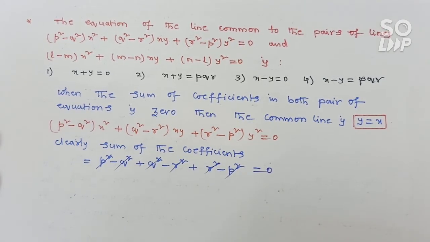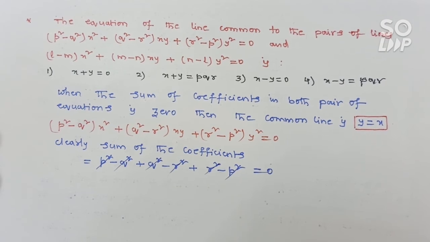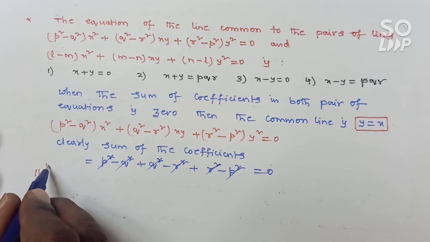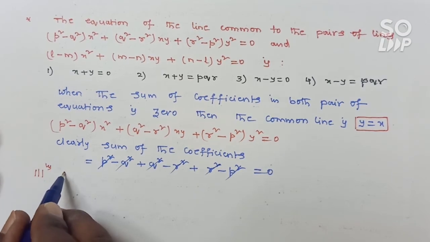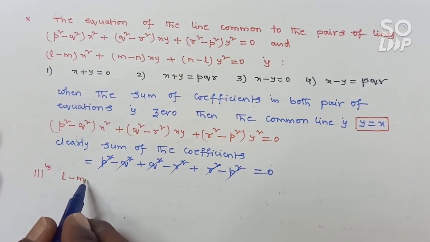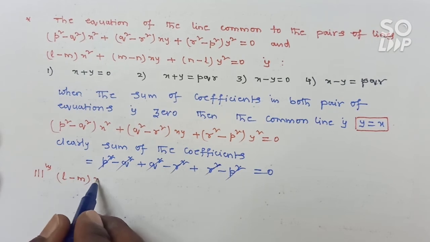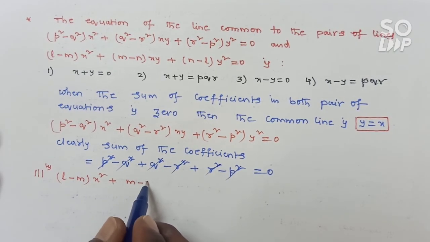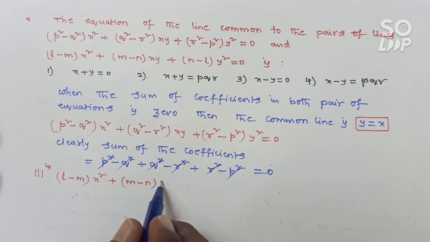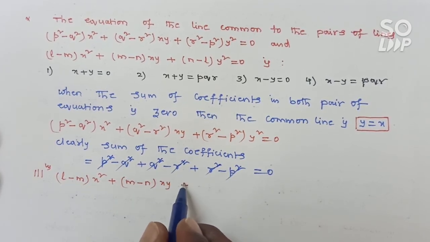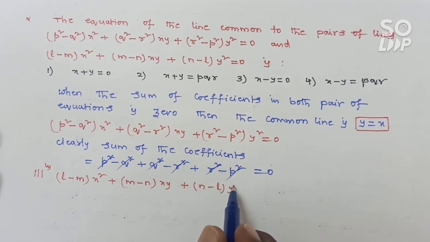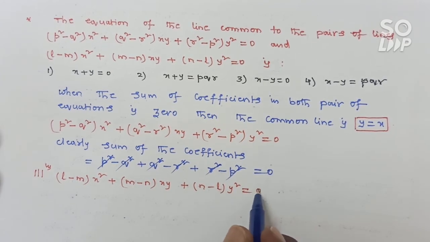And similarly, in the second pair of equations, (L minus M) x square plus (M minus N) xy plus (N minus L) y square equals 0.